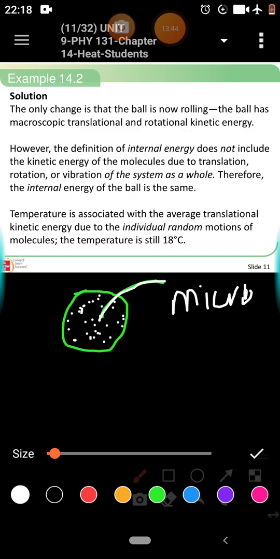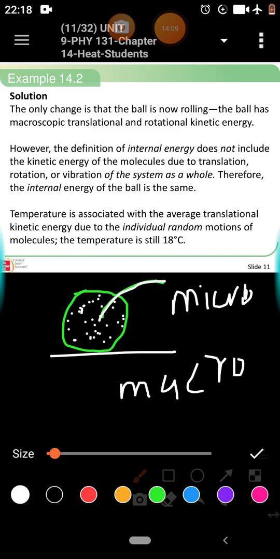So here we're dealing with a microscopic situation. And by the definition of internal energy, you know that we have to ignore the macro, in this case what is outside the system. So we need to ignore the macroscopic situations.